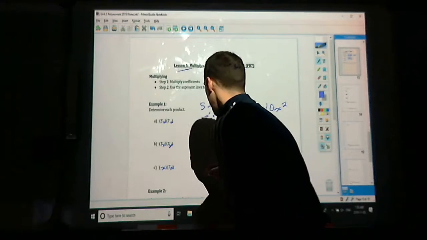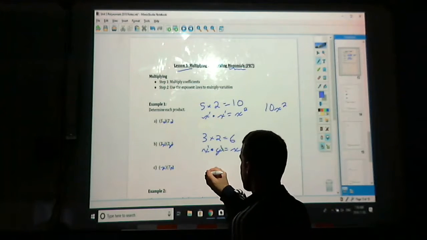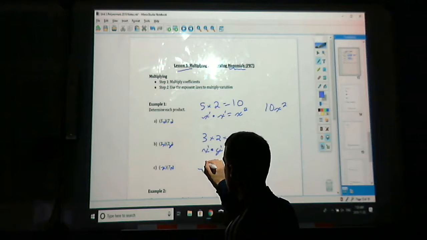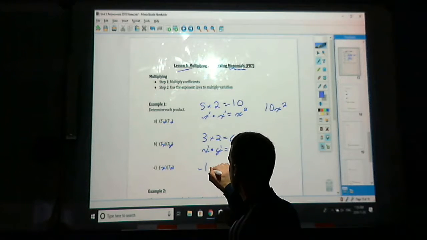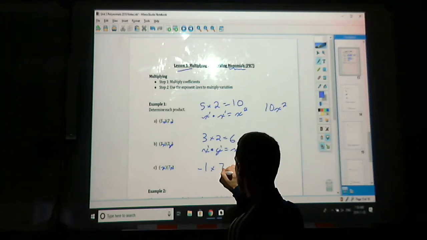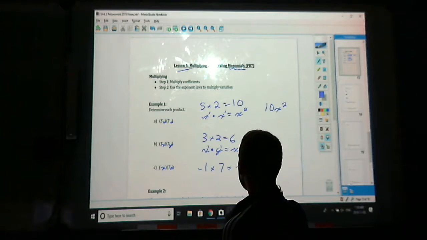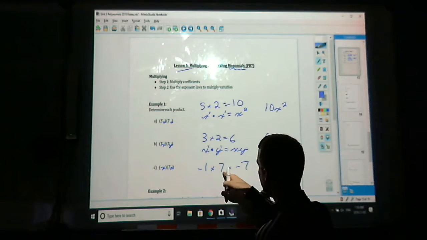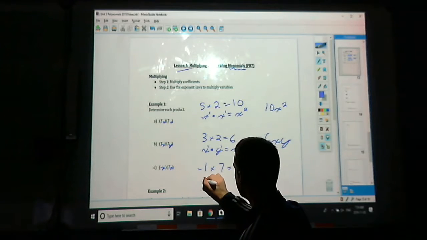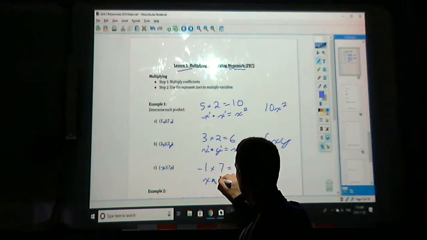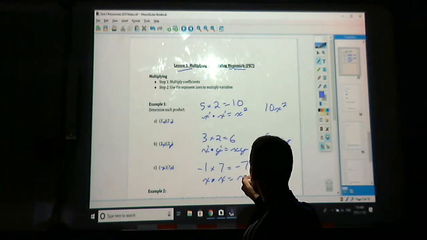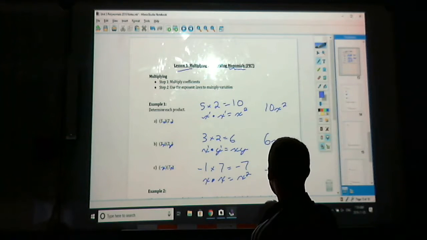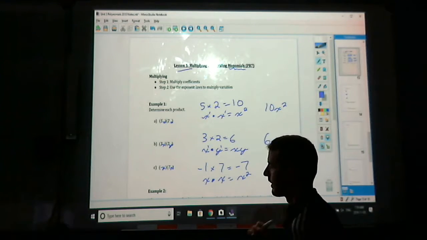Lastly here, negative x is the same as negative 1x. So really what we're doing is negative 1 times 7, which equals negative 7. Sorry, I should finish that up for you guys. x times x is still x squared, so we end up with negative 7x squared.